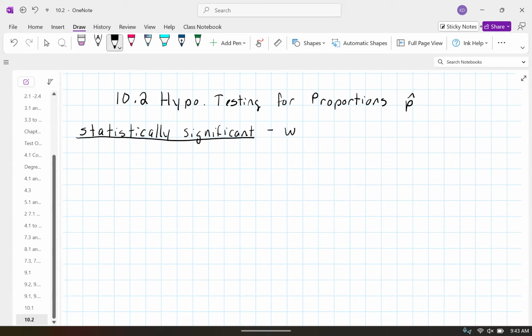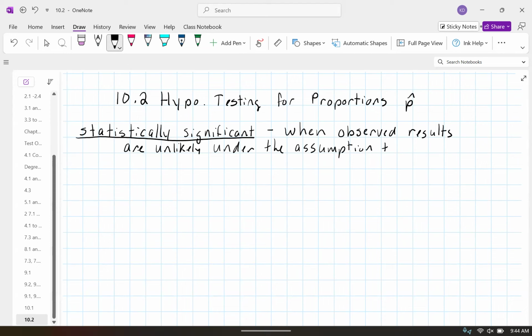So this happens when observed results are unlikely under the assumption the null hypothesis is true.